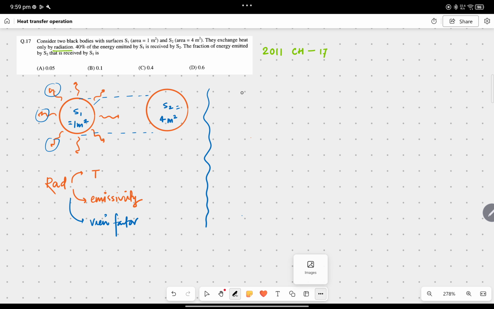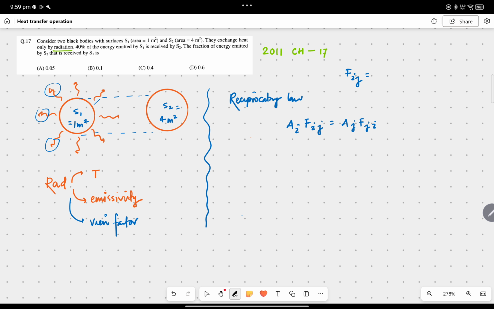So by the reciprocity law, we have area i times Fij is equal to area j times Fji. What does this mean? What does Fij stand for?